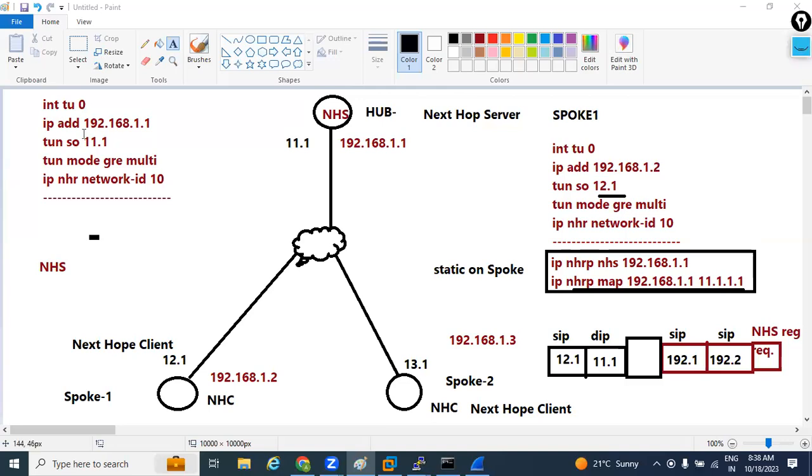This concept we call DMVPN. Yesterday this entry was static, so that concept is known as mGRE. Today it's happening dynamically, and that's the reason this is known as DMVPN.